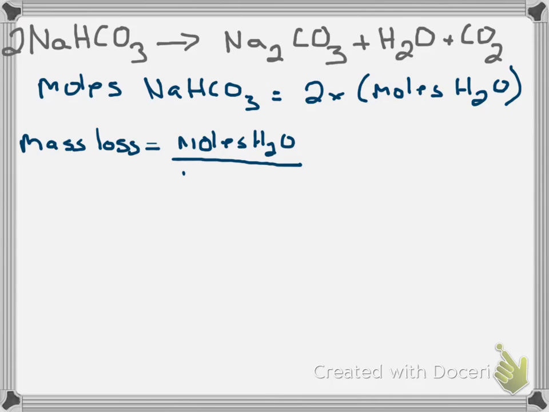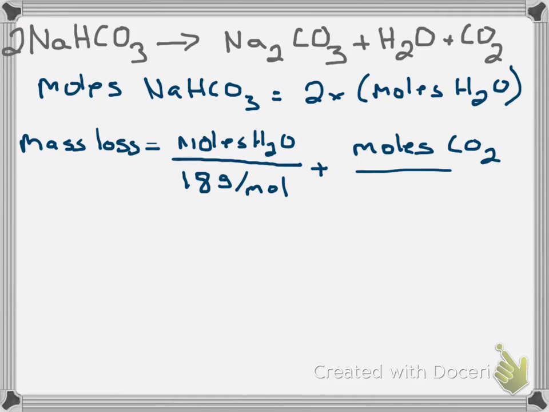Because we could divide that by 18 grams per mole. That's the molar mass of H2O. And we'd have to take that and add that to the moles of carbon dioxide, and very simply divide that by the molar mass of carbon dioxide, 44.01 grams per mole.